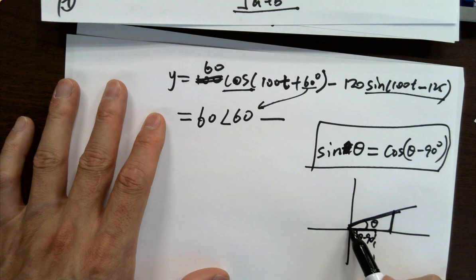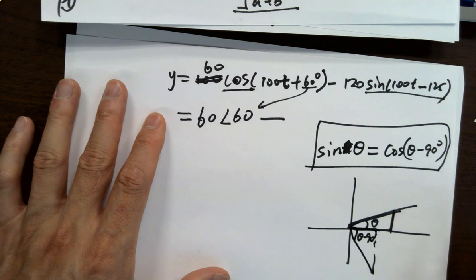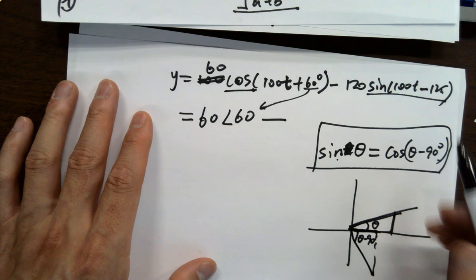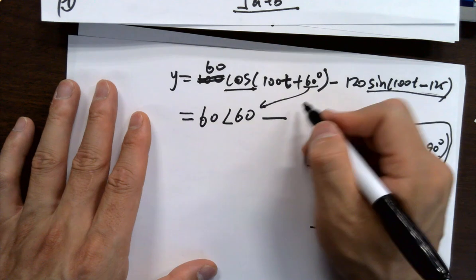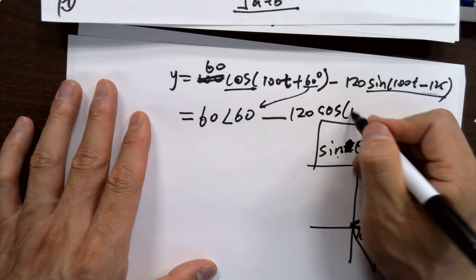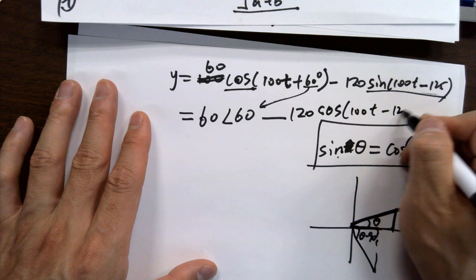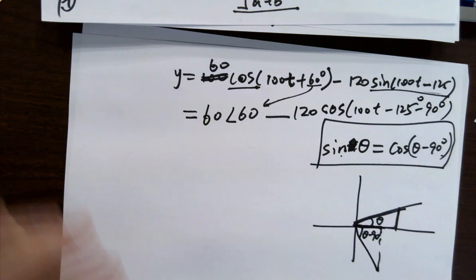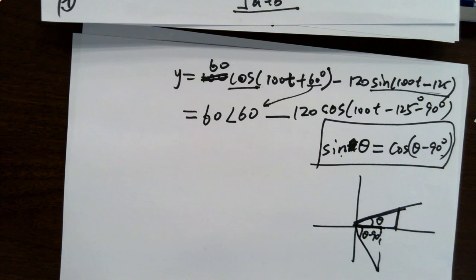Cosine theta is the same thing, same length here. So sine theta equals cosine of theta minus 90 degrees. So in here, you just convert this to cosine of 100t minus 125 minus 90 degrees. Okay?